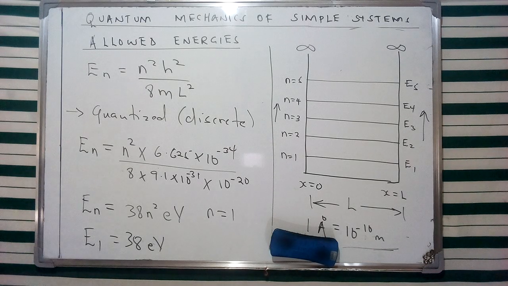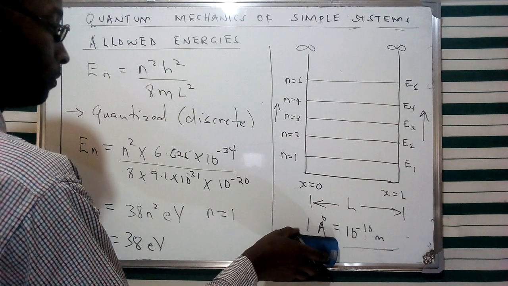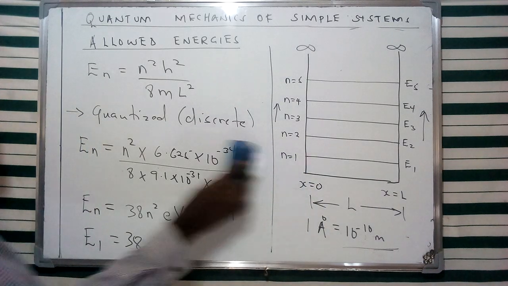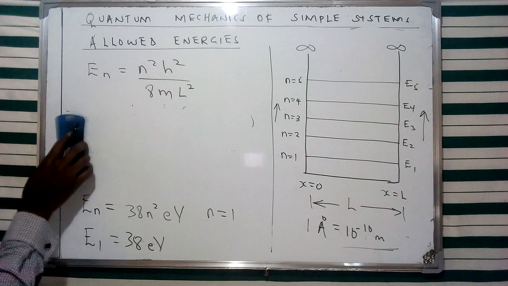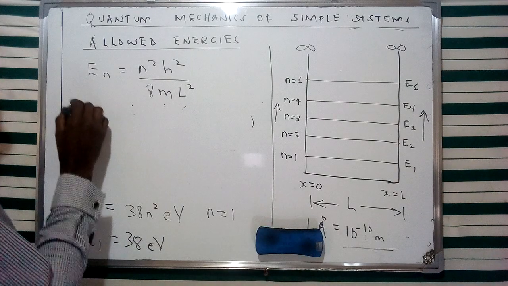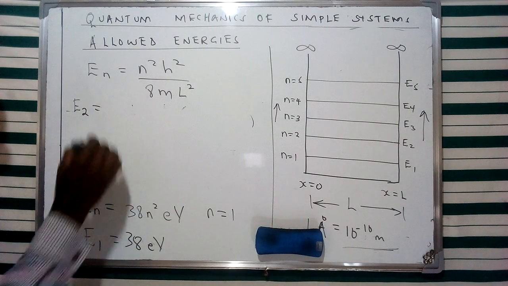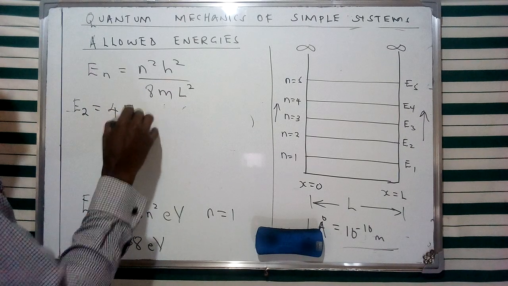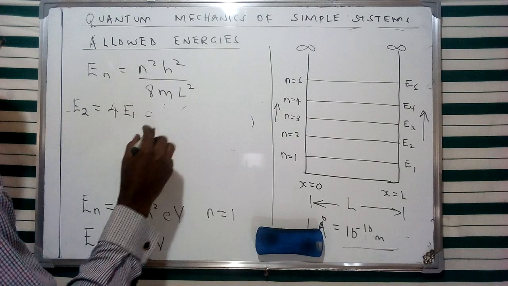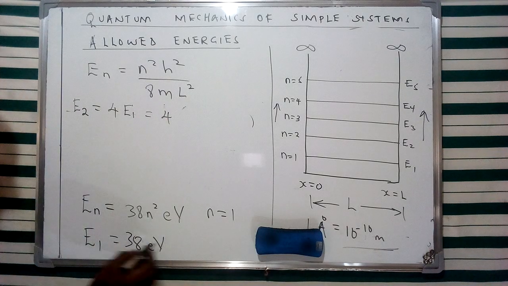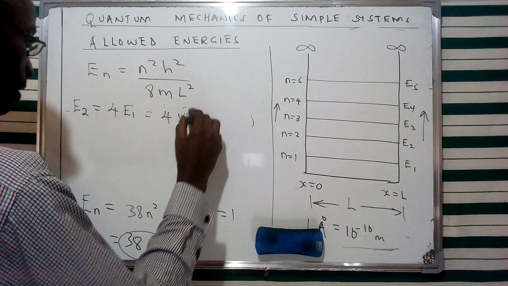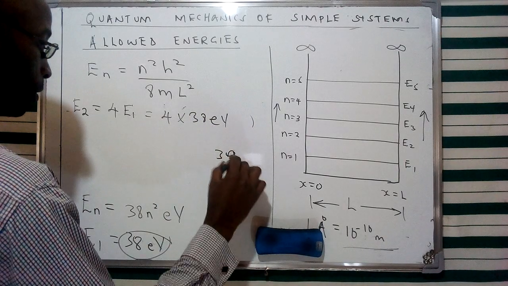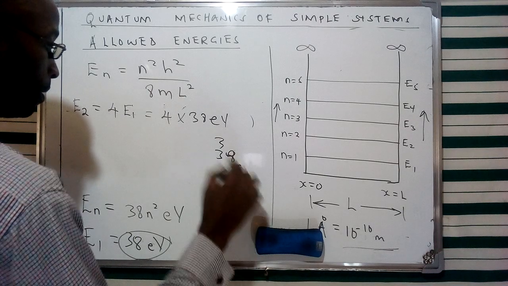We had said that for the second energy, if we consider the case of n equivalent to 2, this energy is 4E1, as we had said. So this is given in terms of 4. The value for E1 is 38 electron volts, and having a multiple of this, 38 times 4 is 152.